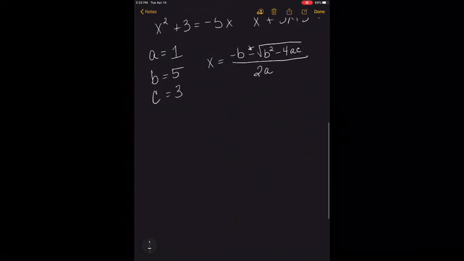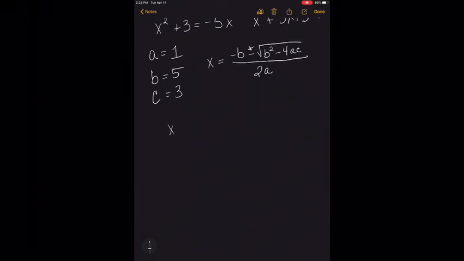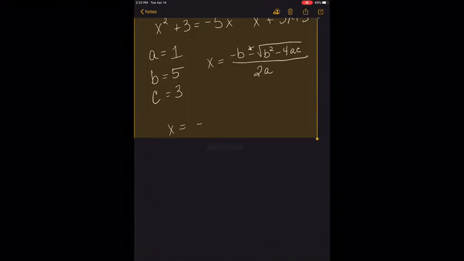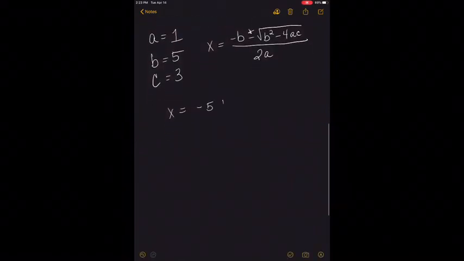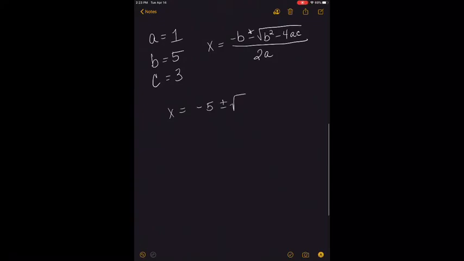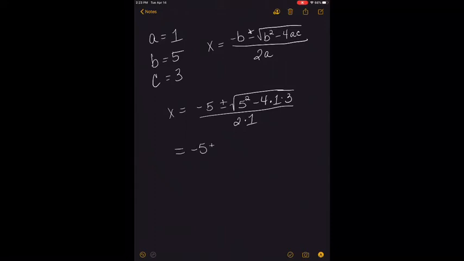Now we can start substituting our a, b, and c. So x equals the opposite of b, which is negative 5, plus or minus the square root of b squared minus 4 times a times c, all over 2 times a.